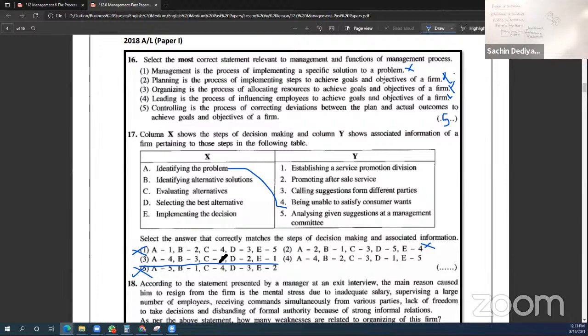Yes, you analyze the given suggestions one by one. What are the advantages and disadvantages of taking those? And you can see E for 1 and implementing the best decision without any doubt. You can see establishing the service promotion divisions. That is your solution for that.